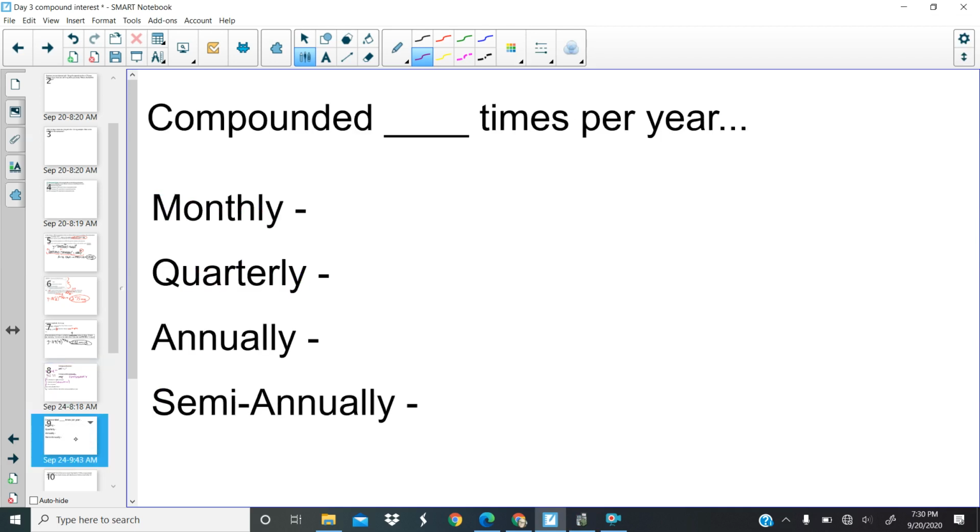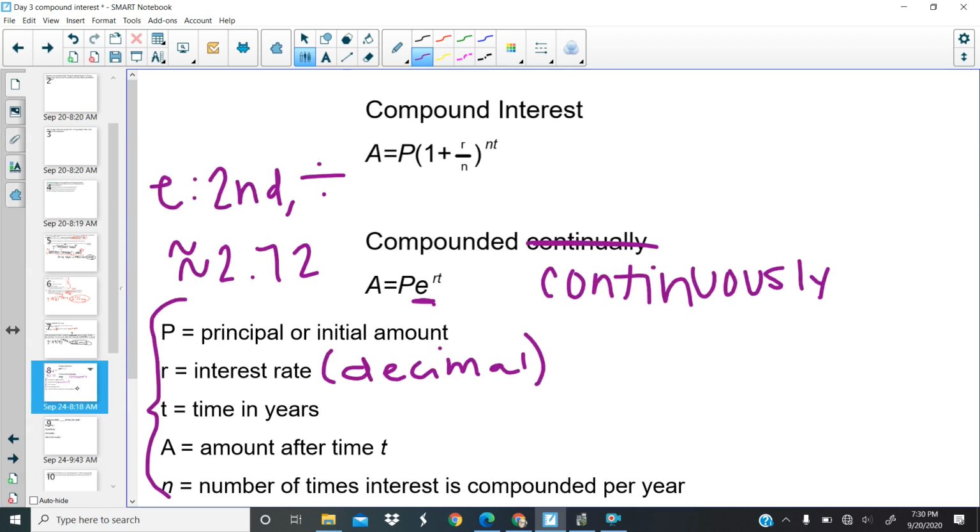And so then let's go on to how many times something is being compounded per year. So for each of these, I'm just writing the number of times that it's compounded per year. And so that's going to be what you're plugging in for N in these formulas.